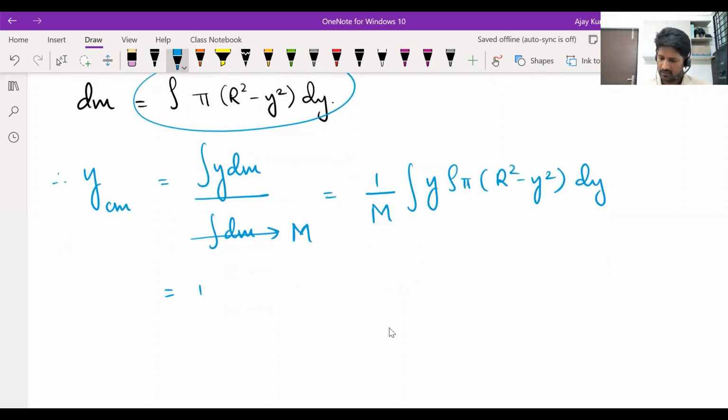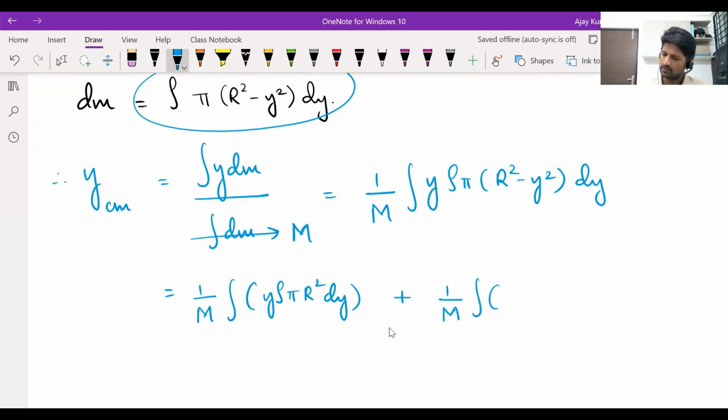So the first integral becomes 1 by m into integration of y rho pi r square dy. The other integral will be 1 by m into integration of y rho pi y square dy.